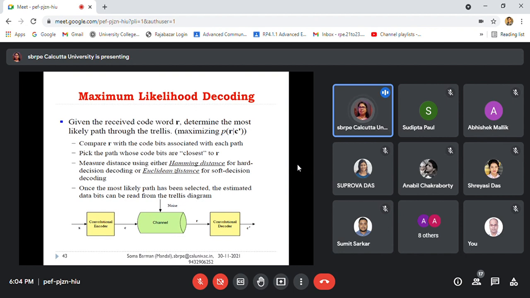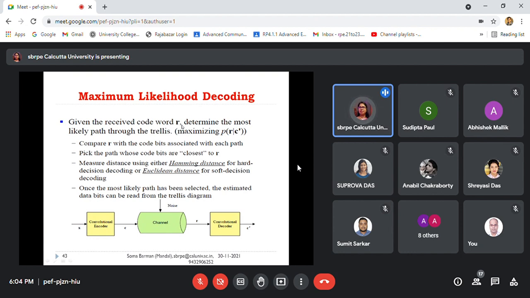So in this case you don't know about the encoder. You are only receiving the received code word, vector R. But you have the Trellis diagram. Without the Trellis diagram, it is not possible to decode your information.